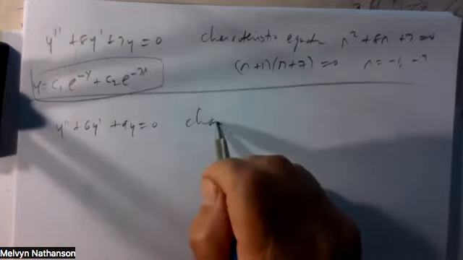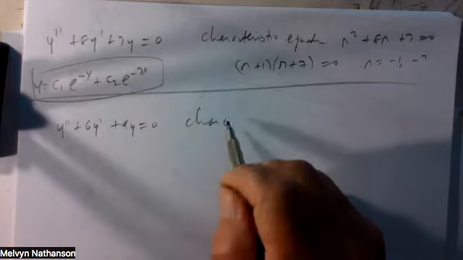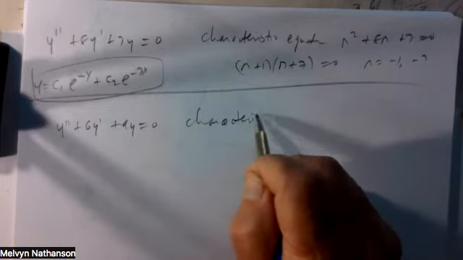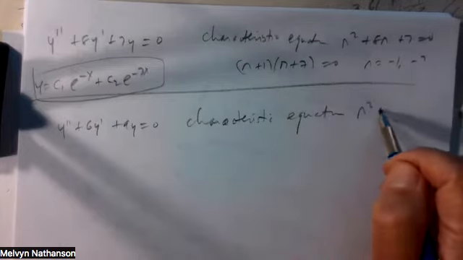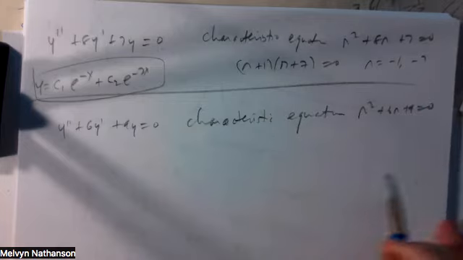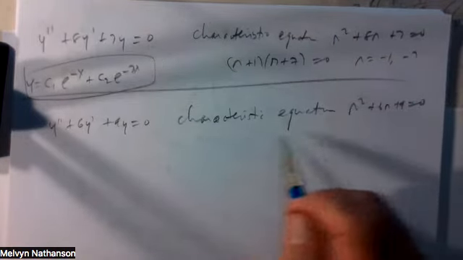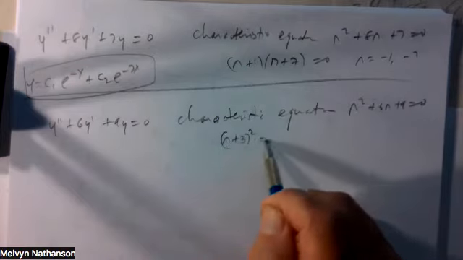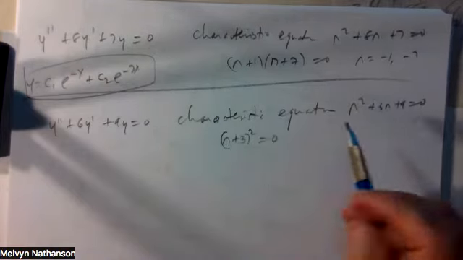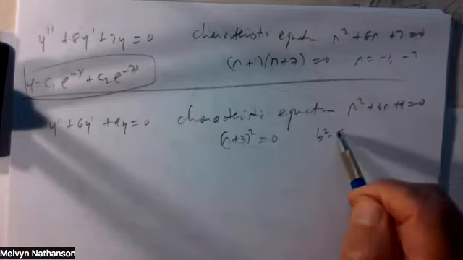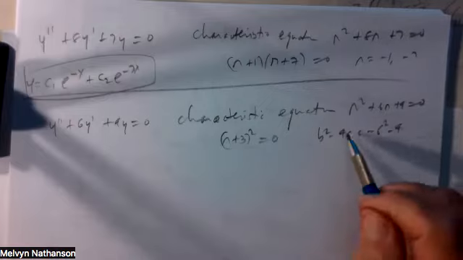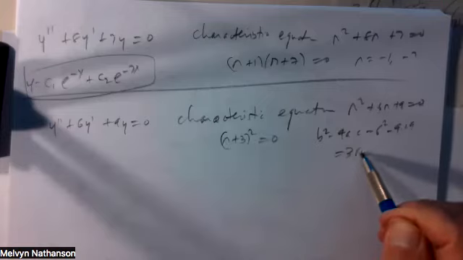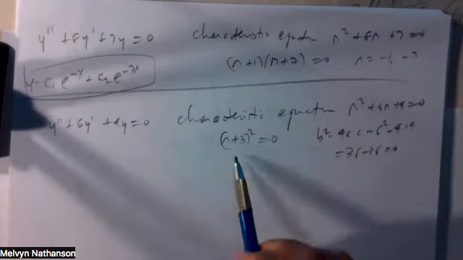So here we have a differential equation for which the characteristic equation is r squared plus 6r plus 9 equals 0. And you know this factors into r plus 3 squared equals 0. Or if you look at, for this equation, b squared minus 4ac, that's 6 squared minus 4 times 1 times 9, 36 minus 36, that's equal to 0.